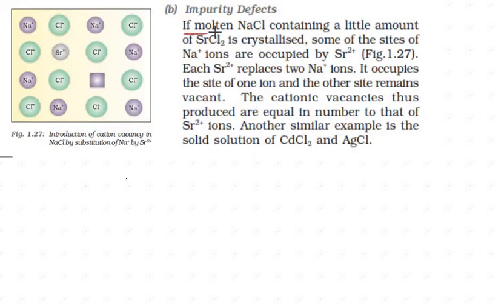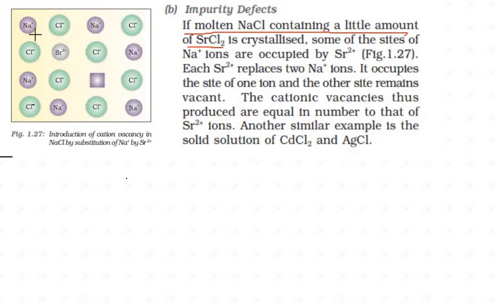if molten NaCl contains a little amount of SrCl2. Now please concentrate on this figure. The NaCl crystal is in the molten state.